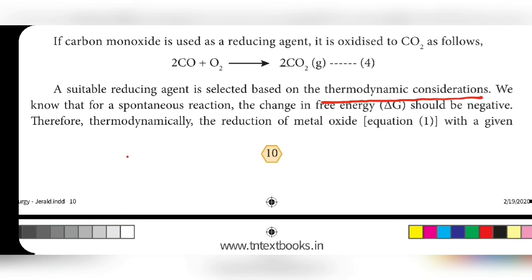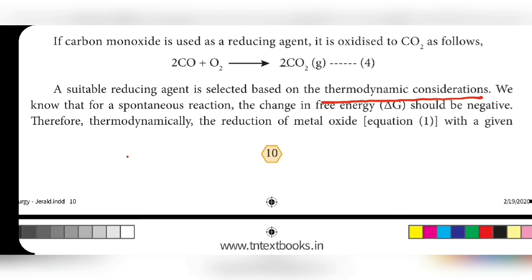So, from the above examples, for converting metal oxide to metal, two possibilities are there: carbon as the reducing agent, or carbon monoxide as the reducing agent. Based on thermodynamic consideration, we select the suitable reducing agent. We know that for a spontaneous process, the change in free energy should be negative.